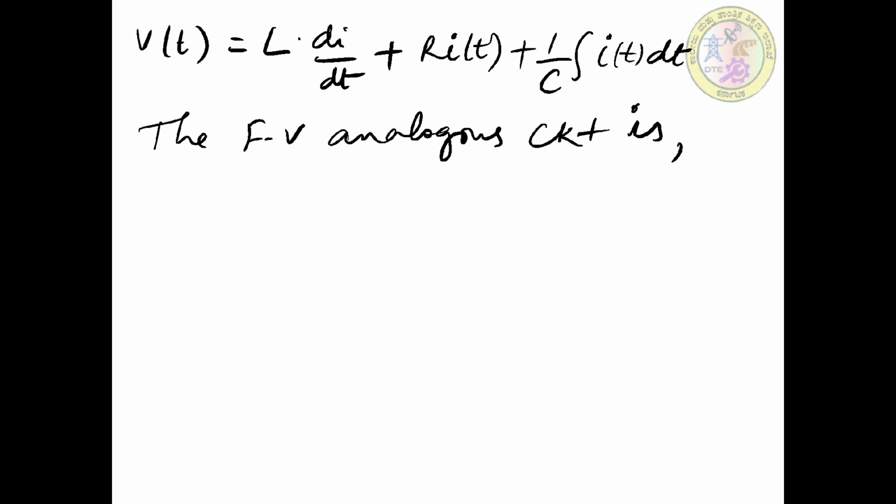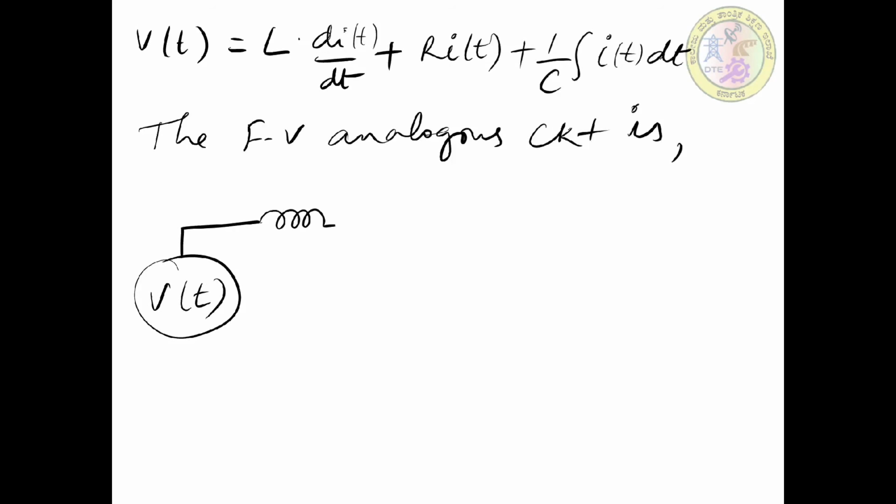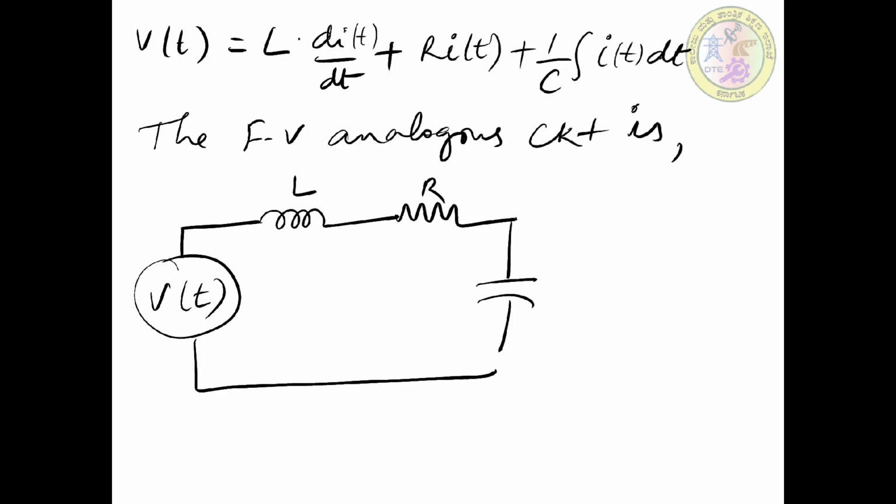Here V of t is the source, then the single loop current I will flow initially through an inductor L, and later it passes through a resistor R, and also it passes through the capacitor C, and this current is I of t. Okay, so this is known as the FV analogous circuit.